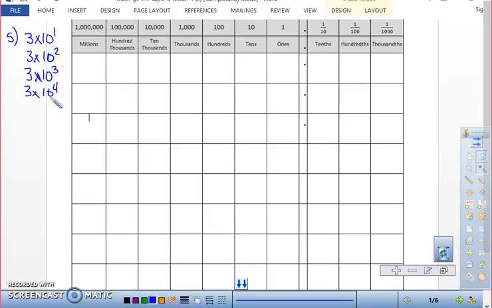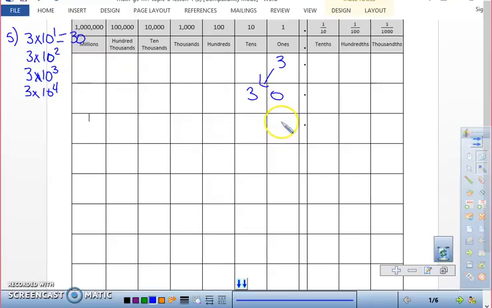So if I have 3 times 10 to the first power, that's the same as 3 times 10, so I'm moving it over one place value to the left, which would equal 30.